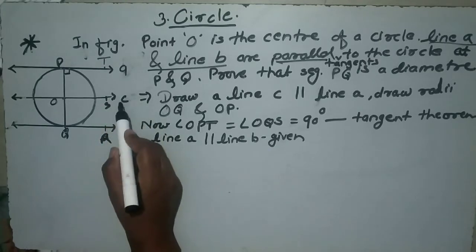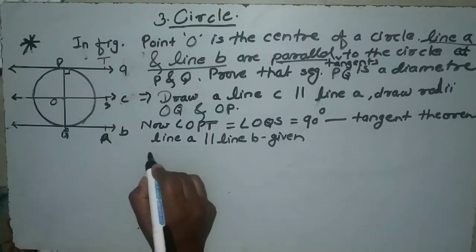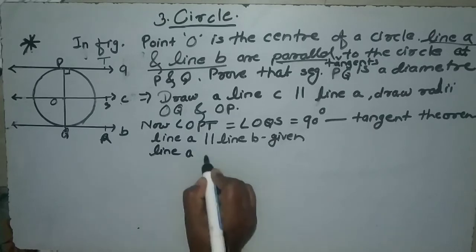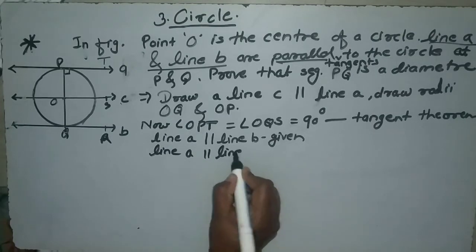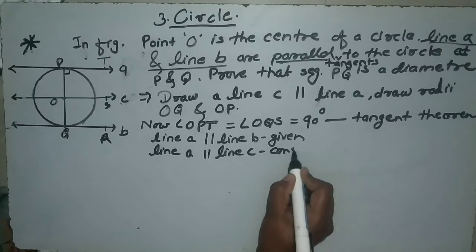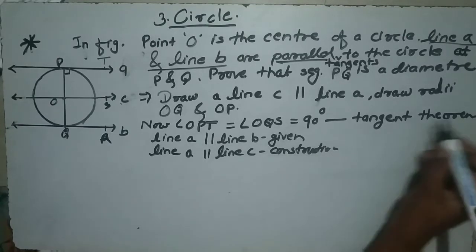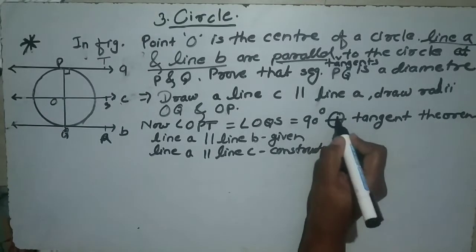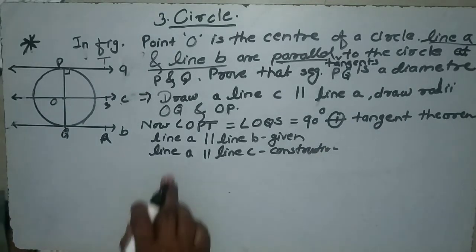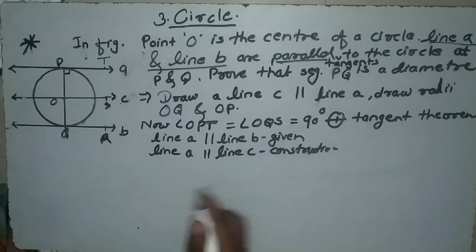After that, line A is parallel to line C. That is our construction. So here we will give the number 1.